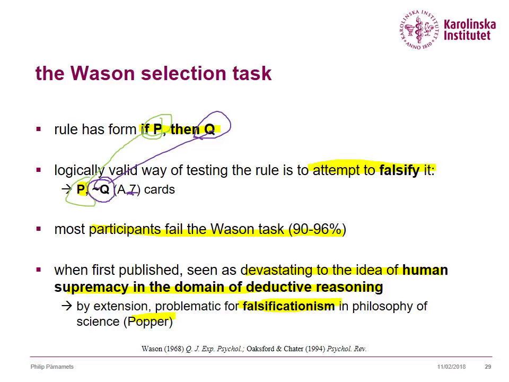So finding that humans are quite bad at falsifying theories is problematic for the notion of using falsificationism as a practice, like our hopes that people will be able to adopt this as a way of evaluating scientific theories.